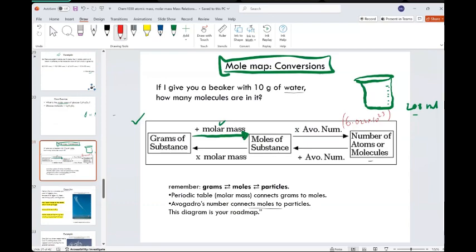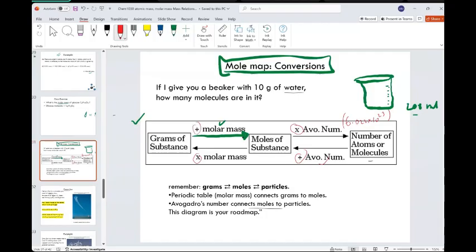You want to find a mole of substance from number of molecules. From number of molecules, just divide it by Avogadro number. So this is multiplication in one direction. This is division in another direction. The opposite. Multiplication, division. Okay.